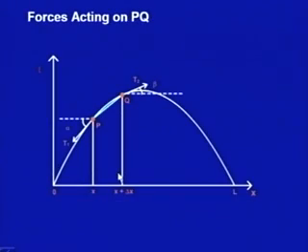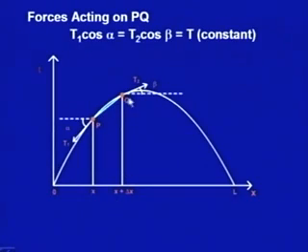The motion is vertical, so the tension would be tangential to the curve of this string. At P this tension would be T1 and at Q the tension would be T2.